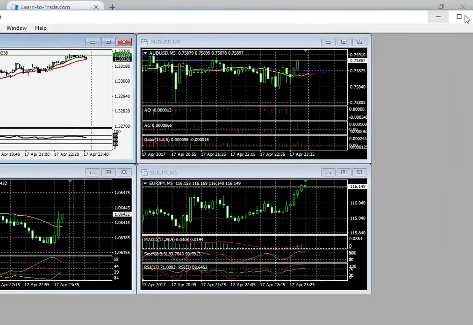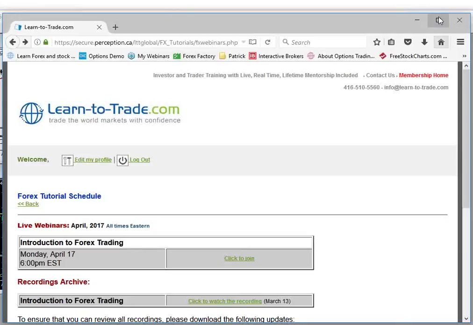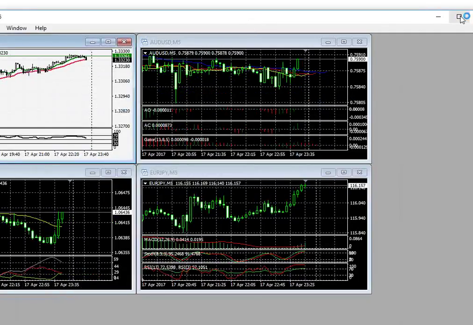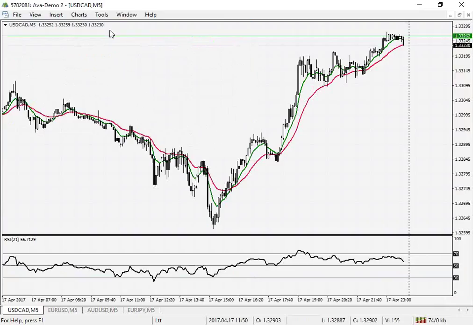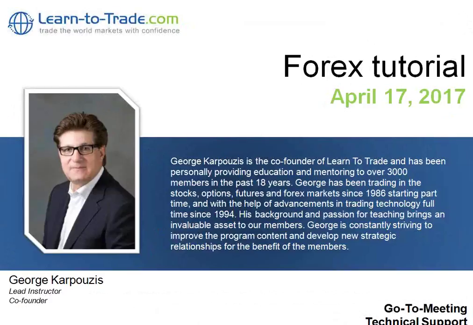So there's the MetaTrader now. Sorry about that. So I'm going to open this one up here. And now it's just doing an update.